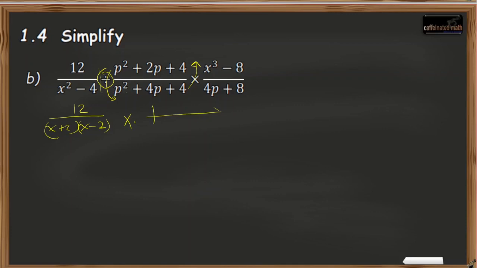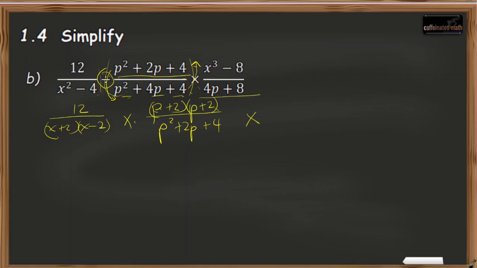Well, the top, that goes to the top, p squared plus 4p plus 4, but I can factorize it in the meantime. It's just going to be p plus 2, p plus 2, and this cannot factorize. It's p squared plus 2p plus 4. That's all multiplied. Now we can't do the reciprocation again, it's already been done for this factor.